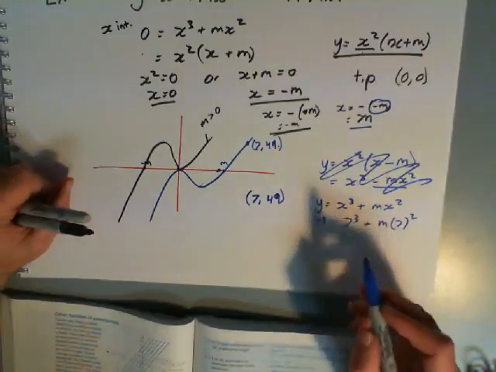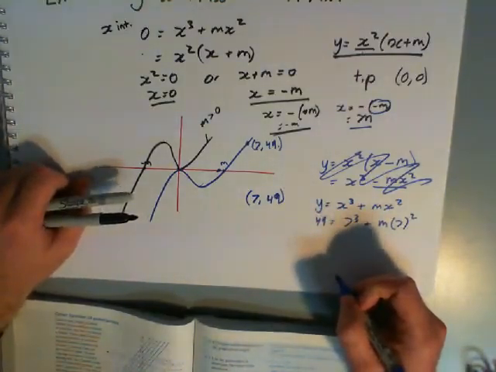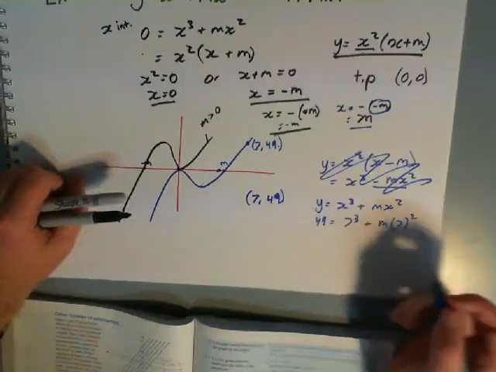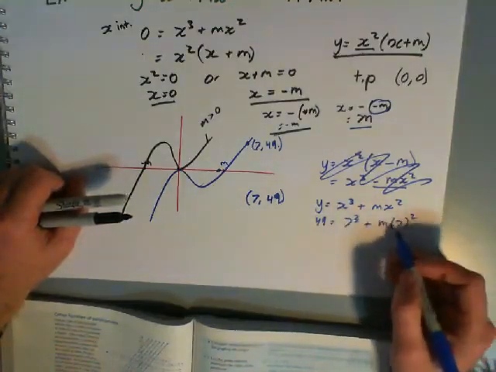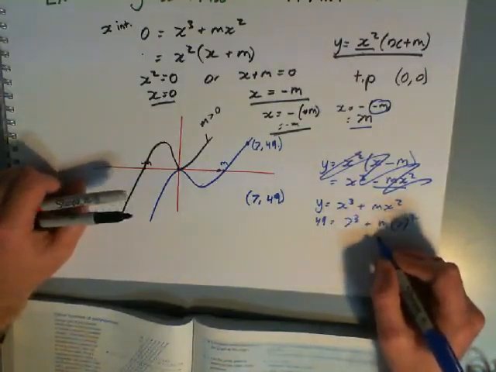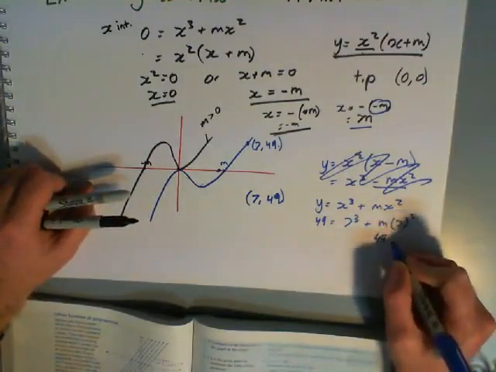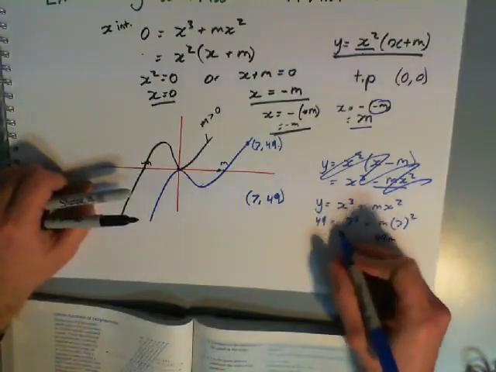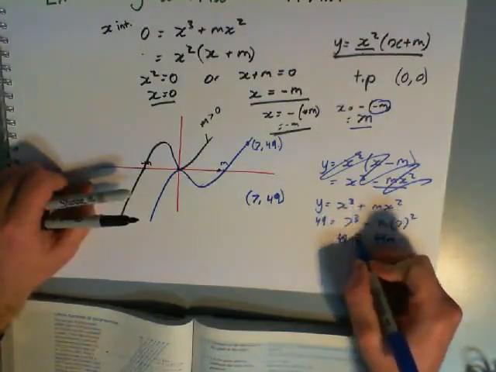7 cubed, that's a big number, and 7 squared is 49. So we've got 49m, and actually what we'll say is 49 times 7.